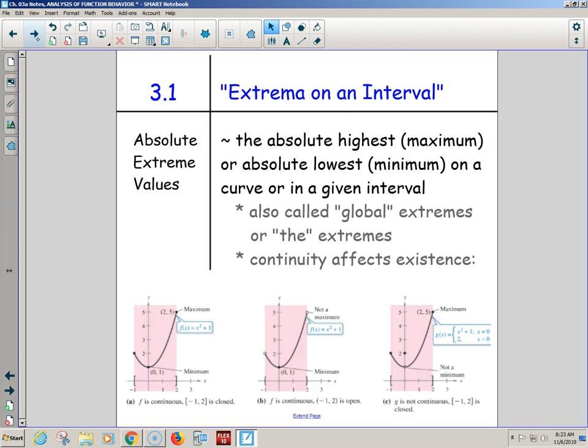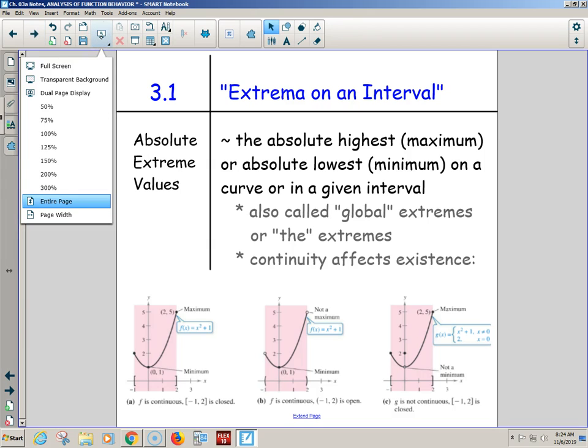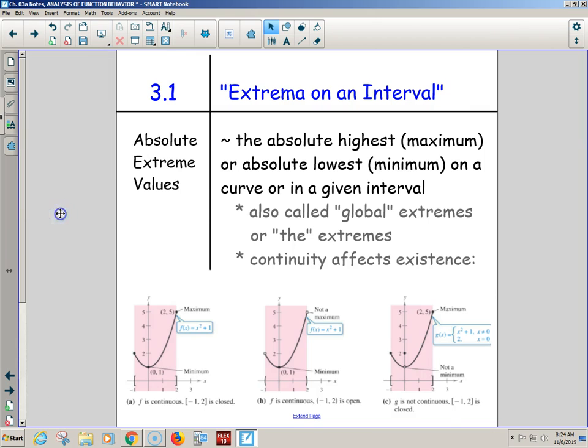A noun. So, extreme values, values that are extreme, values at the extreme. We use extrema to be the noun. So extreme values just describe what extrema are: the absolute highest or the absolute lowest on a curve or a given interval, also called global extremes or the extremes. And then the whole little note that continuity affects existence.